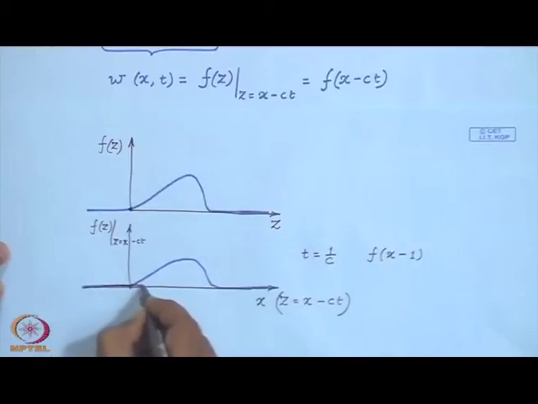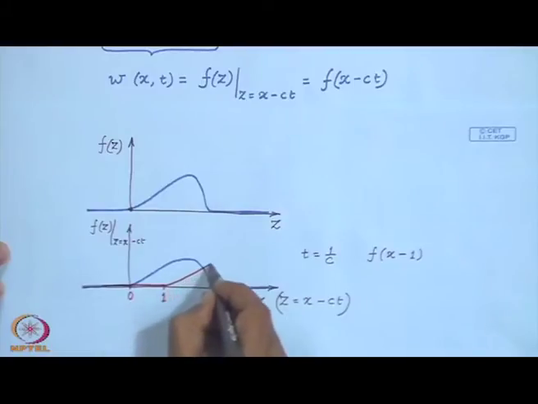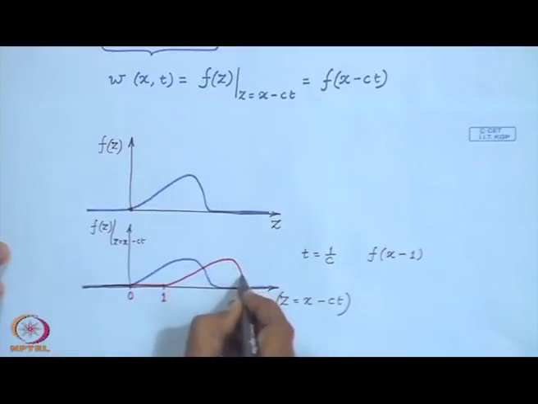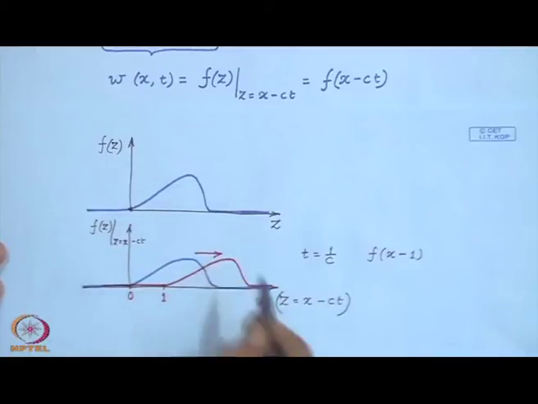So, this pulse has moved a certain distance towards the right in time 1 over c, and it has moved a distance of 1 unit.